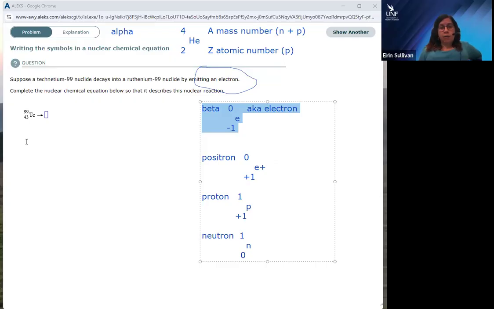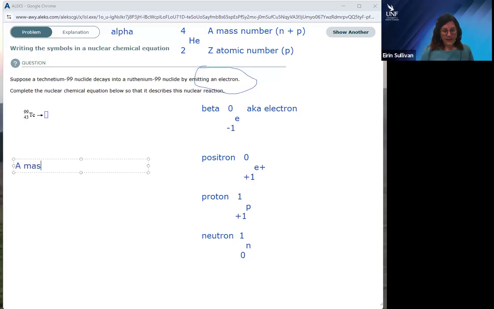Just like any mathematical equation, the numbers on each side have to match. So A, the mass number, has to match on both sides, and Z, the proton number, has to match on each side of the arrow.